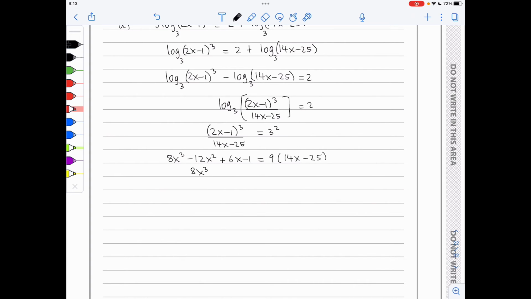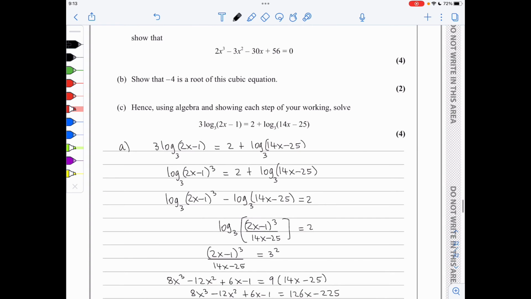So 8x cubed minus 12x squared plus 6x minus 1 is equal to 126x minus 225, and therefore 8x cubed minus 12x squared minus 120x plus 224 is equal to 0. Dividing everything by 4 will give me 2x cubed minus 3x squared minus 30x plus 56 is equal to 0 as required. So we have recovered the cubic equation in x.